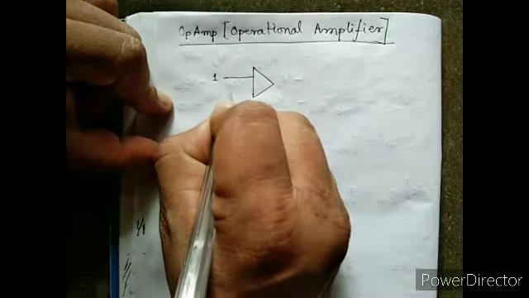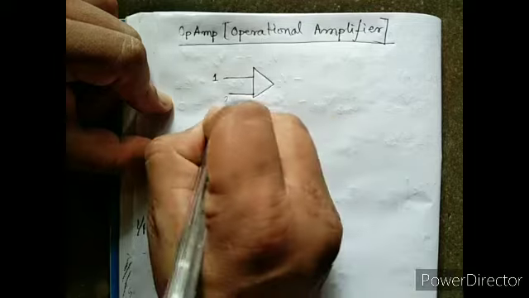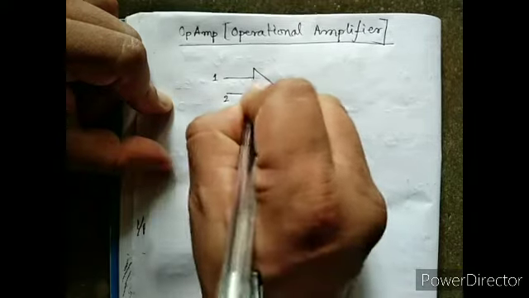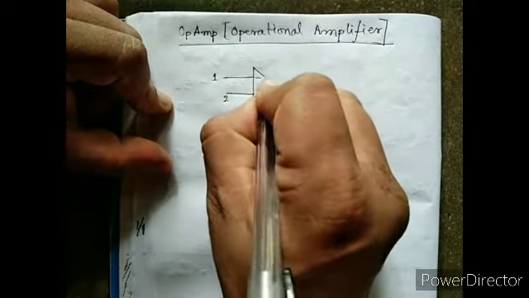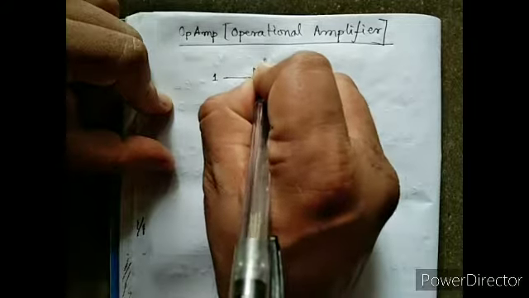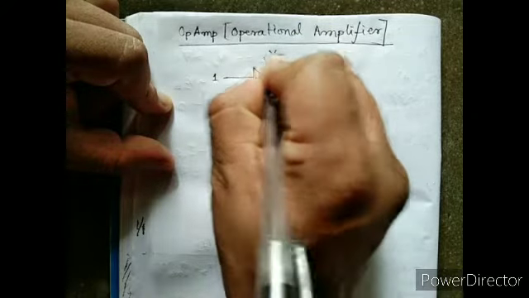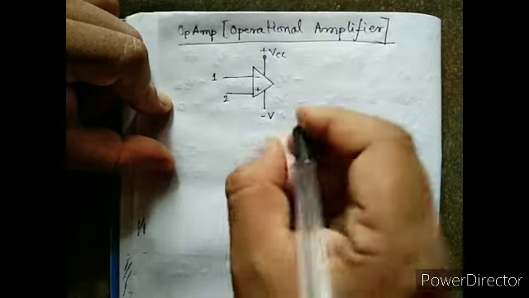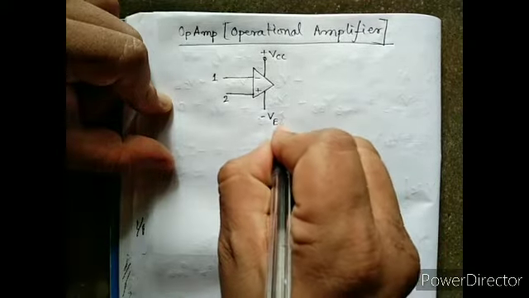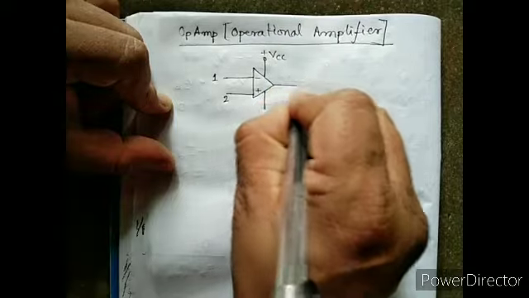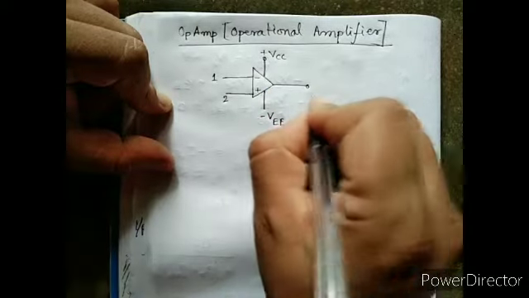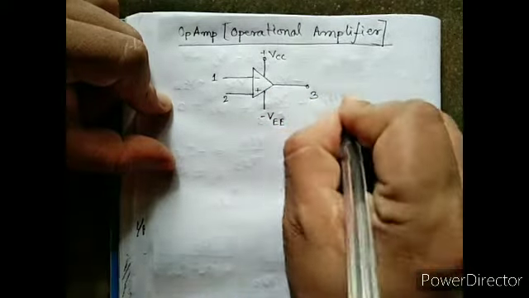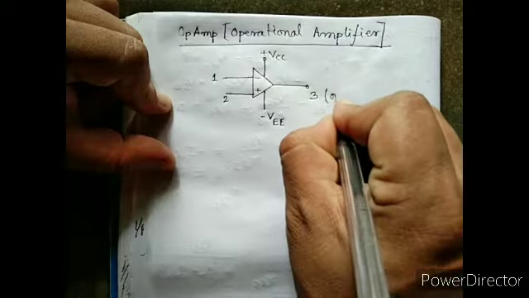terminal 1, terminal 2, this is inverting, this is non-inverting terminal, VCC plus, minus VEE supply, and this is the output terminal 3, the output terminal.